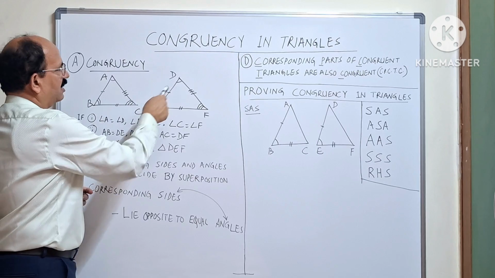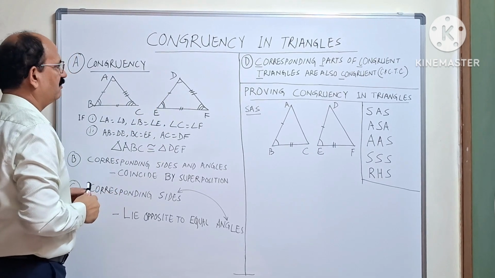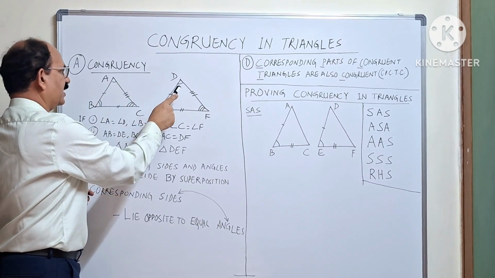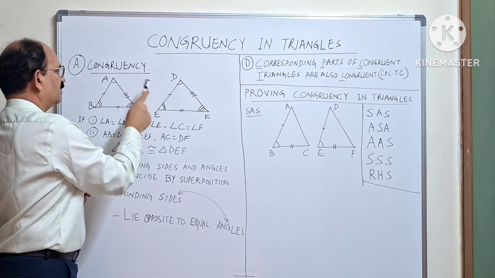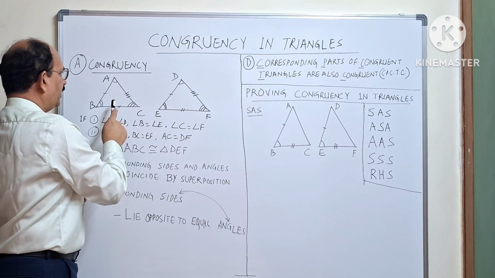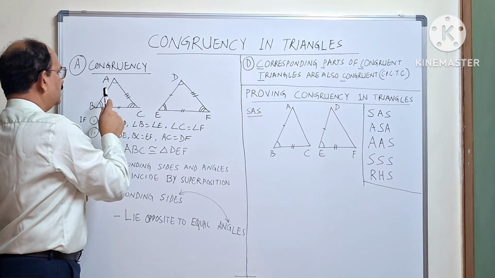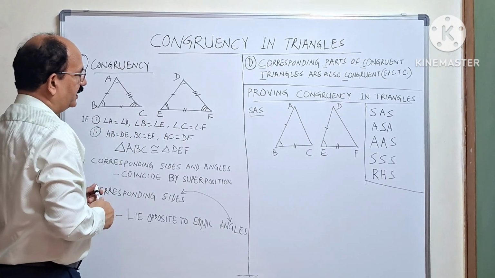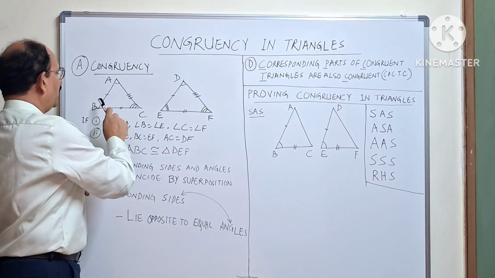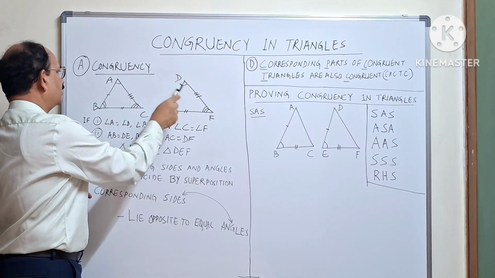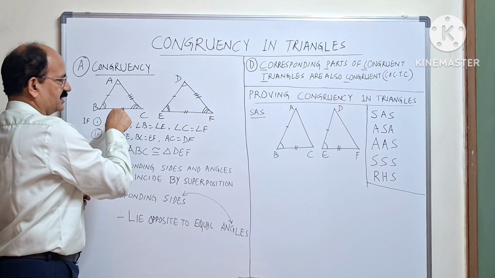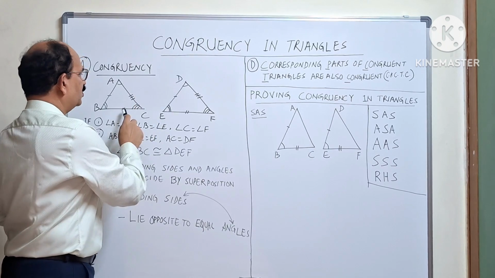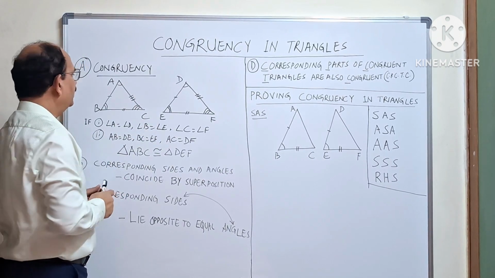If these two triangles are congruent, and suppose you have proved that this angle is equal to this angle, this side is equal to this side, and maybe this angle is equal to this angle, then because this angle is equal to this angle, the corresponding parts, these sides like BC and EF, will be congruent, that is, they will be equal.